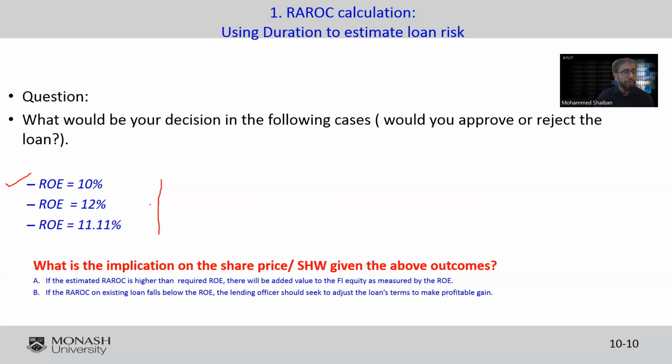In this scenario, if the ROE is 12%, I will reject because the RORAC is 11% and less than 12%. If it is 11%, which equals the RORAC, then in this case, I have to consider whether to accept the loan or reject it. So what is the implication on the share price and shareholders?